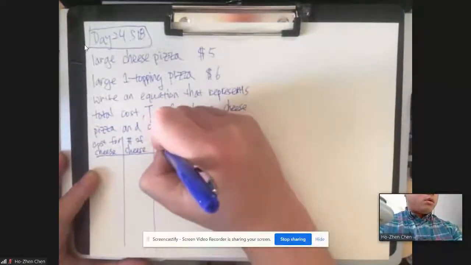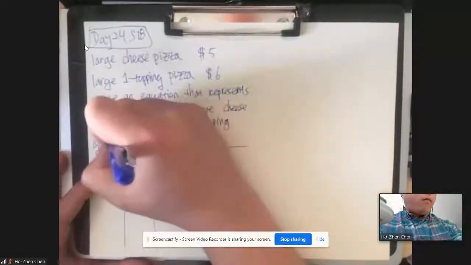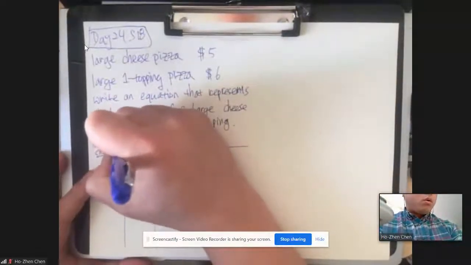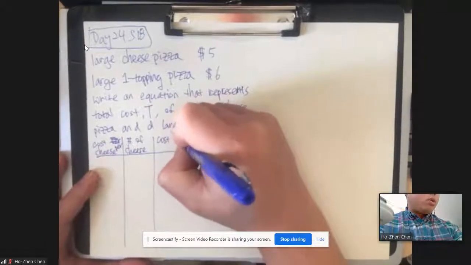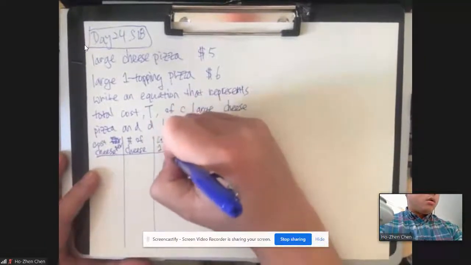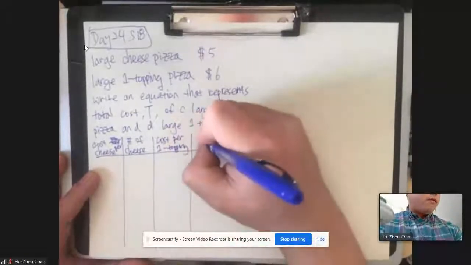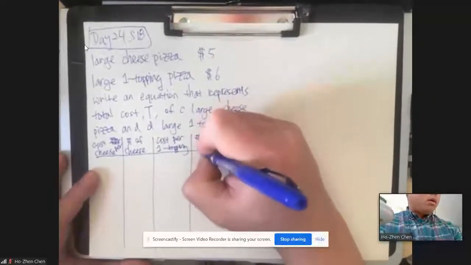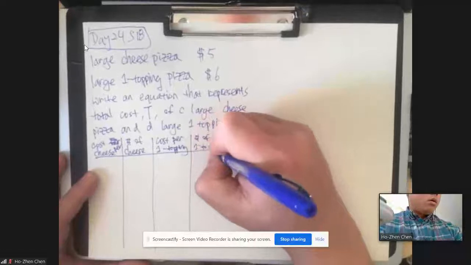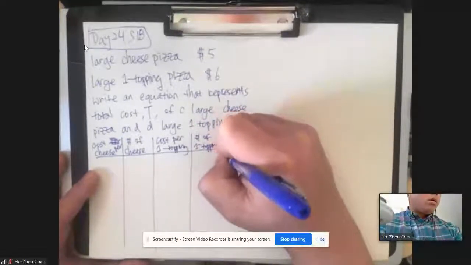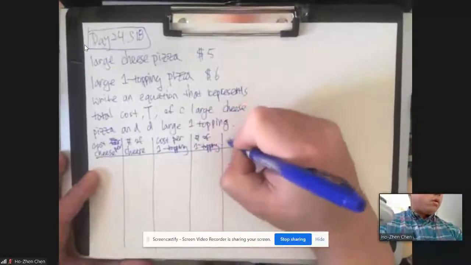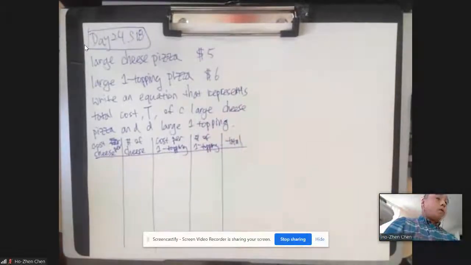We have the cost per one topping. We have the number of one topping. And we have the total. Think of different scenarios.